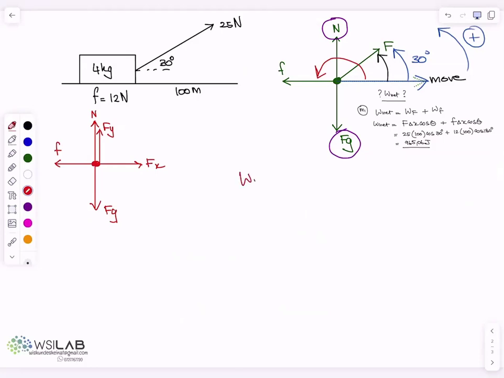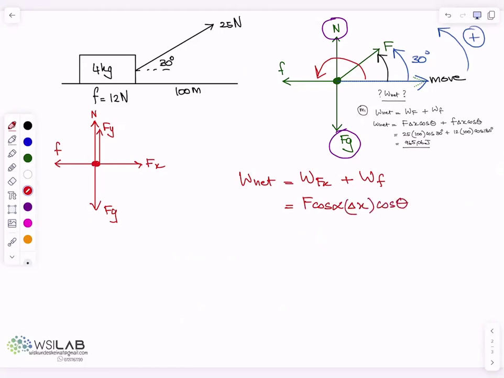You can say the net work is the work done by the x component, or you can use Fx if you want to, plus the work done by friction. Now the x component, if you can remember, is the force cos alpha, delta x, because that's the distance, cos theta.